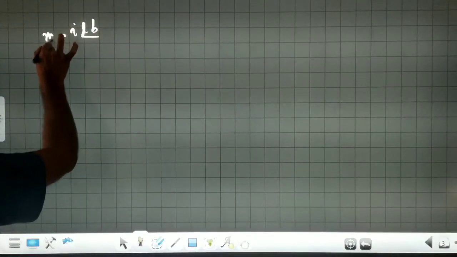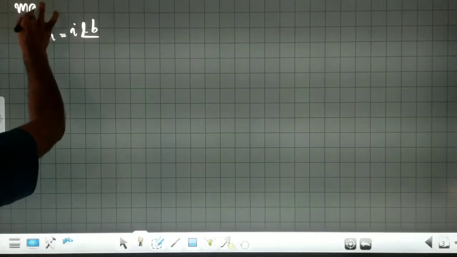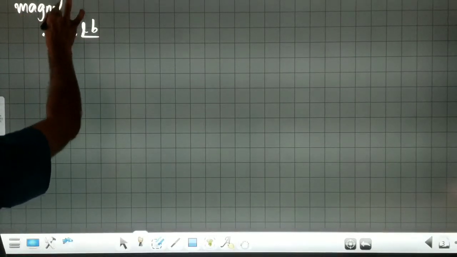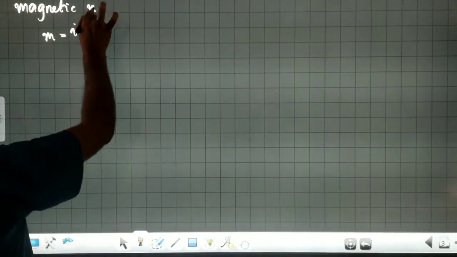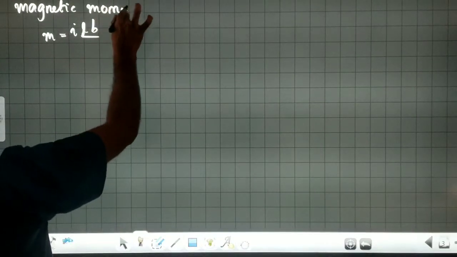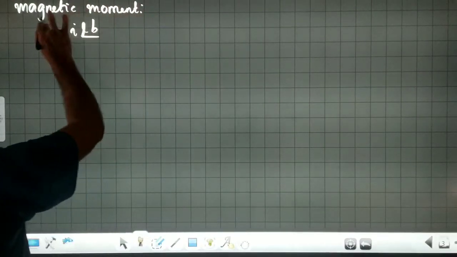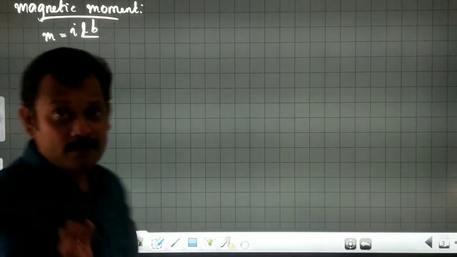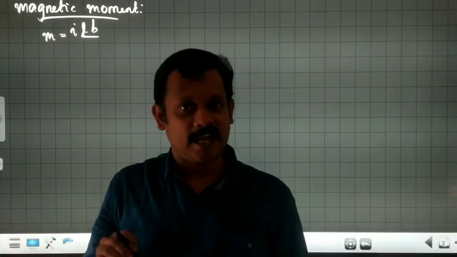I am going to define a new variable, that is magnetic moment or magnetic dipole moment, we say. Generally when it comes to a bar magnet, this will be defined as magnetic dipole moment.